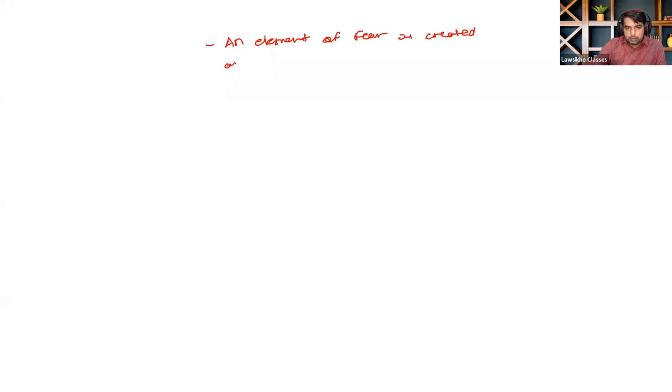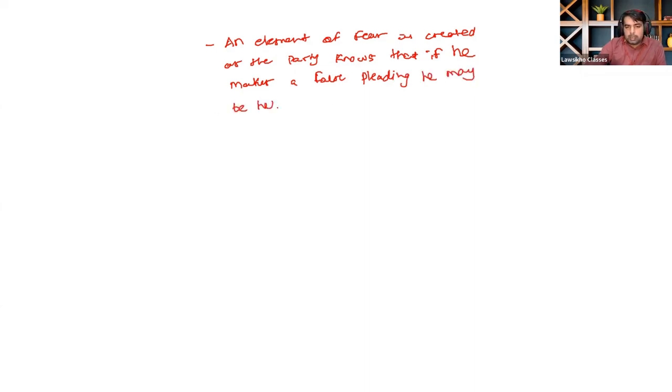As the party knows that if he makes a false pleading, he will be held liable for perjury. He may be held liable for perjury under section 193 of IPC.